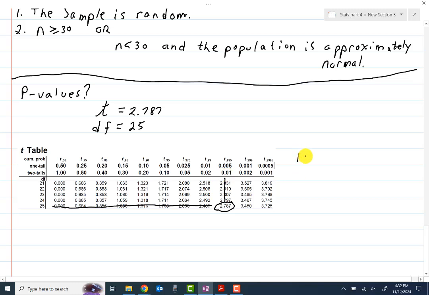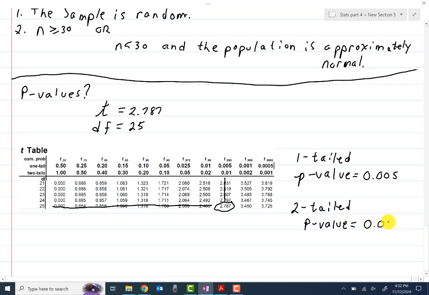So for a one-tailed test, we have the p-value equals 0.005. If it's two-tailed, the p-value equals 0.01.